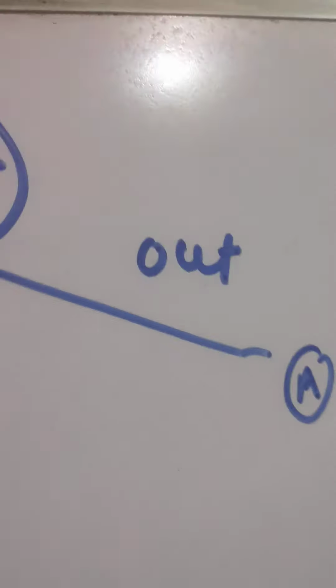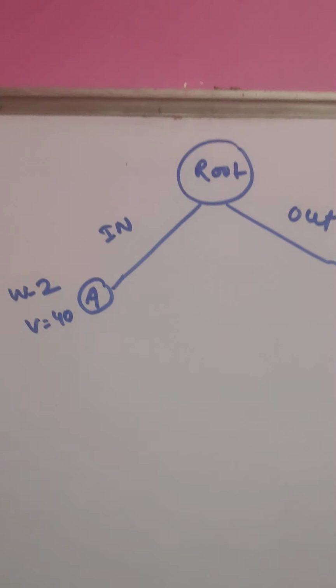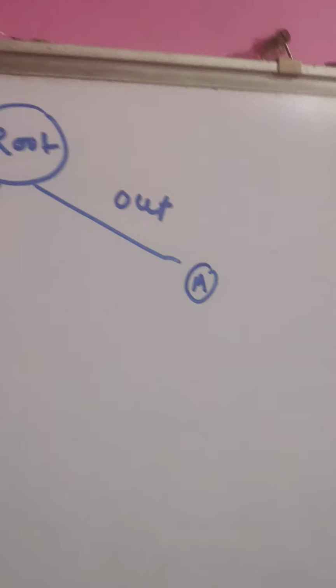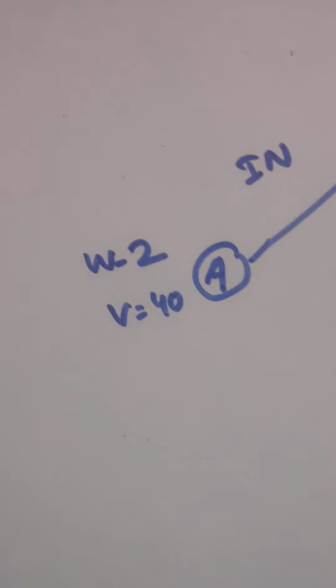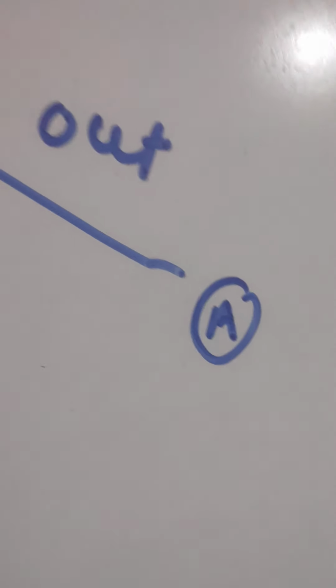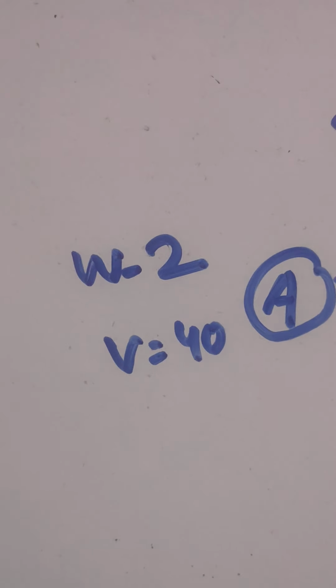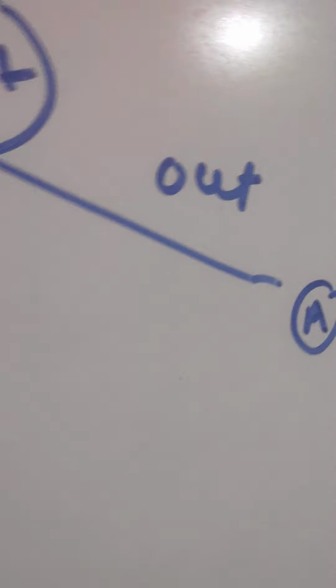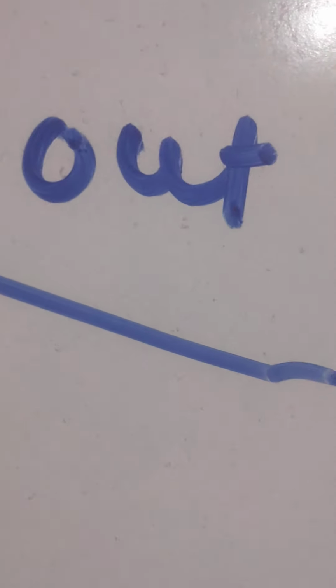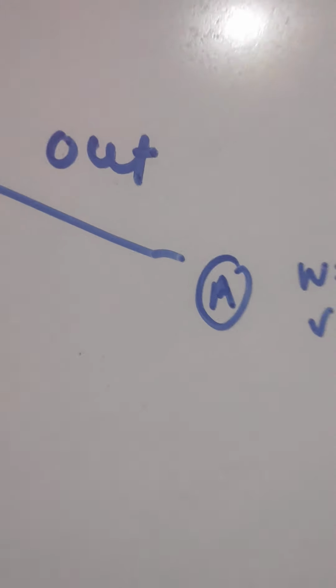Now the exclusion of A. Inclusion means I am going to take the item A, and exclusion means I am not going to take item A. If I take A, my weight becomes 2 and my value becomes 40. If I don't take A, my weight becomes 0 and value becomes 0.